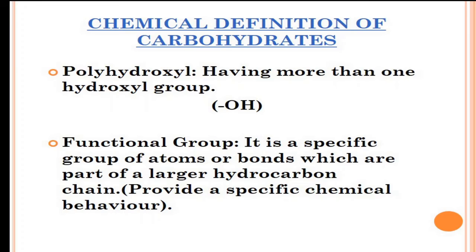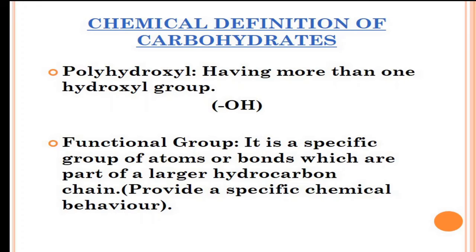Students, remember that we have certain terms like polyhydroxyl groups. Polyhydroxyl means that a molecule possesses more than one hydroxyl group. Similarly, there's a term used in chemistry, that's functional group.